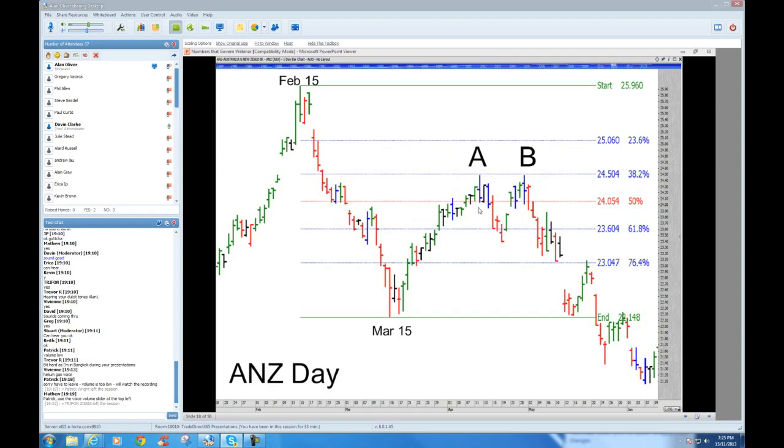Now you can see at point A, which is early April, the market got up to the Fibonacci level, and then the market created what we call an outside reversal bar. Now in case you don't know, an outside reversal bar, in my software Market Analyst, I've coded it blue.